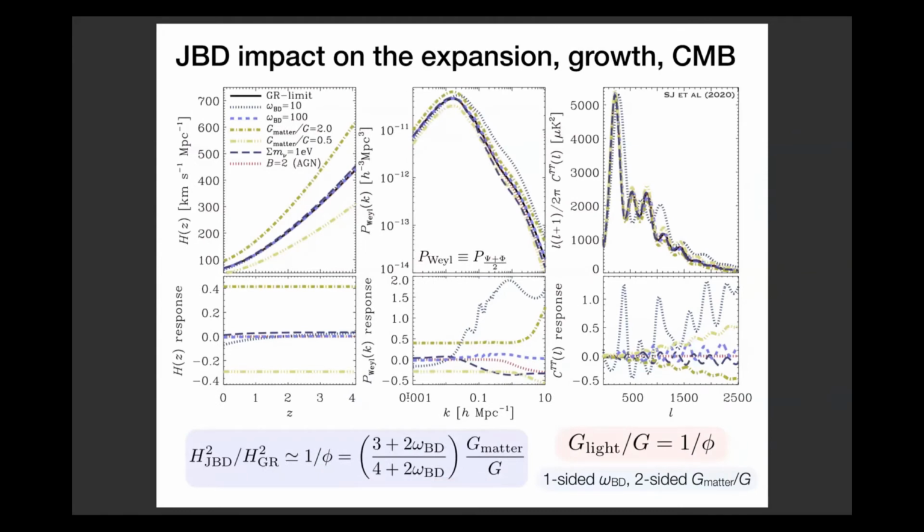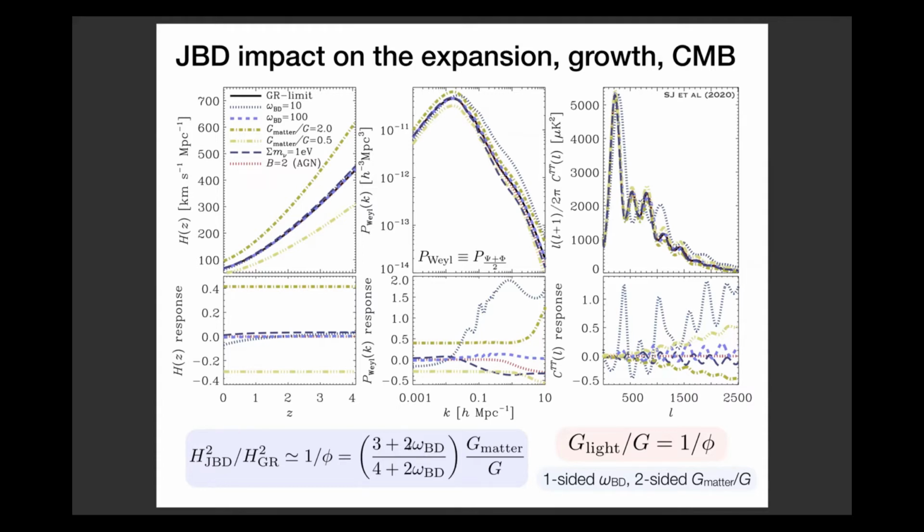Here I'm showing you the impact of Jordan-Brans-Dicke gravity on our expansion history on the left. In the middle, we have the Weyl power spectrum, which is the power spectrum of the sum of your metric potentials, and then the CMB power spectrum on the right. Given the equation I'm writing here on the bottom, we can see that as we increase the effective gravitational constant, we're going to be boosting our expansion rate, and that's what we see in the plot.